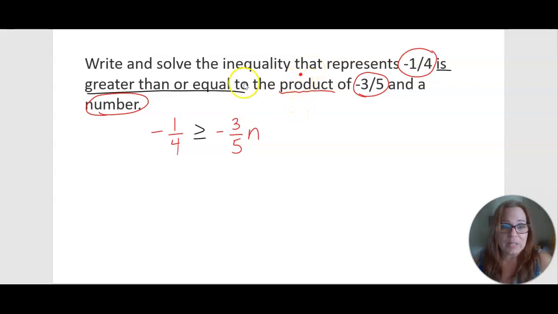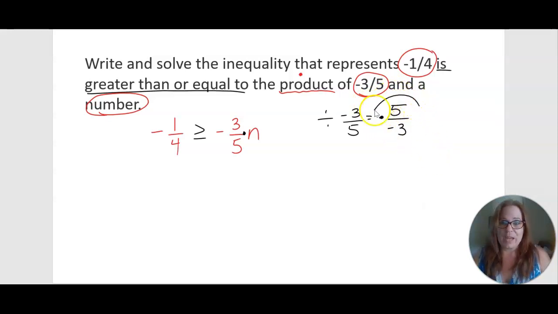But now we have to solve it. Okay, so let's solve it. I look at the variable and I see what operation is being done. The n is being multiplied by negative 3/5, which means I have to divide by negative 3/5. But when we divide fractions, we keep, change, flip, right? We multiply by the reciprocal. So that's what I have to do on both sides.